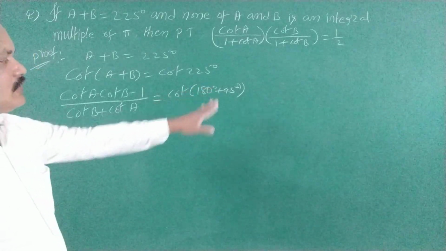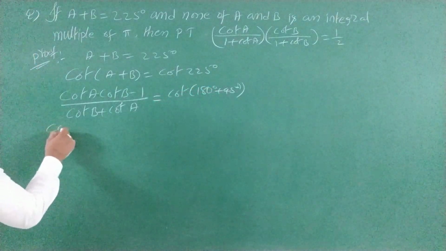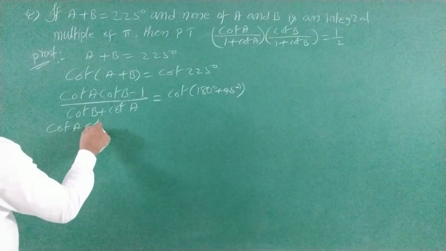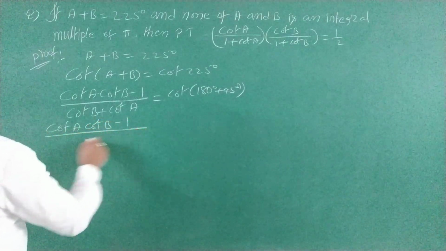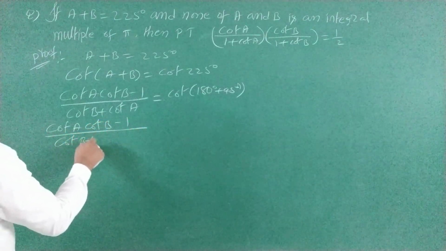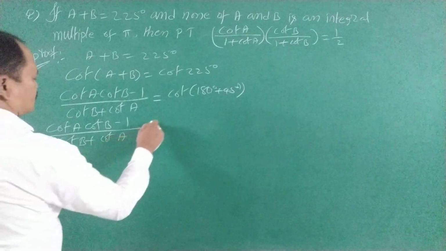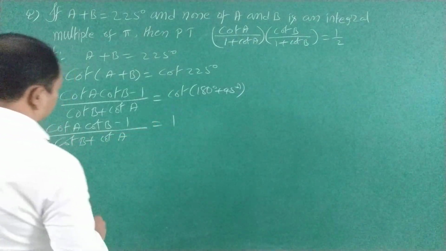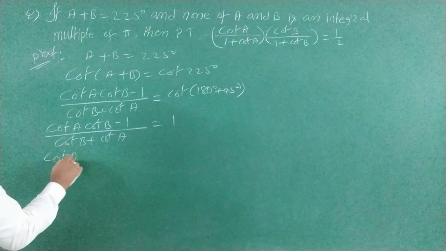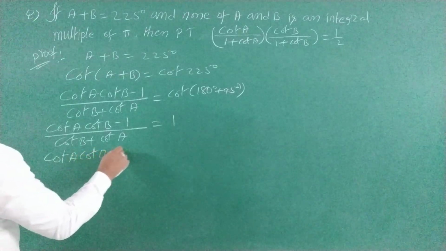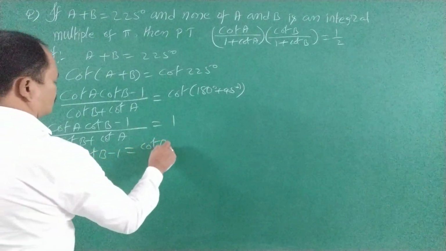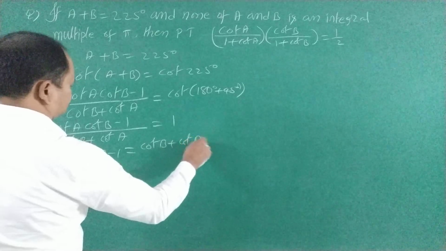That's why cot 45, that is 1. That's why cot a cot b minus 1 by cot b plus cot a is equal to cot 45, which is 1. Apply cross multiplication. Then cot a cot b minus 1 is equal to cot b plus cot a.